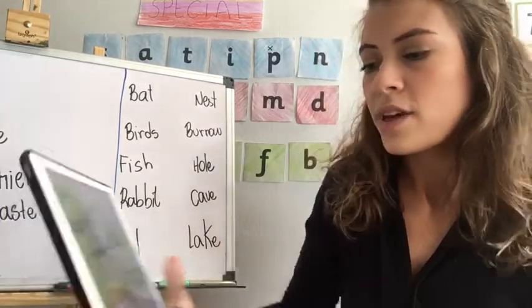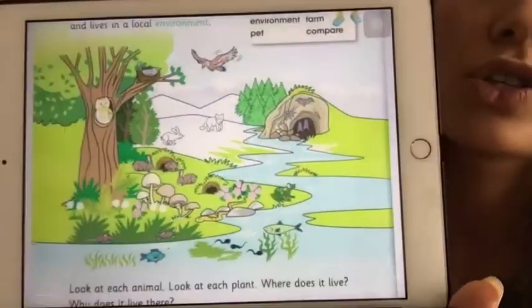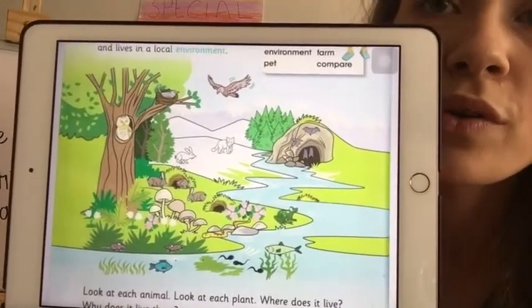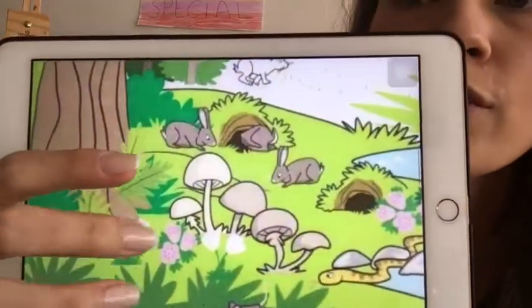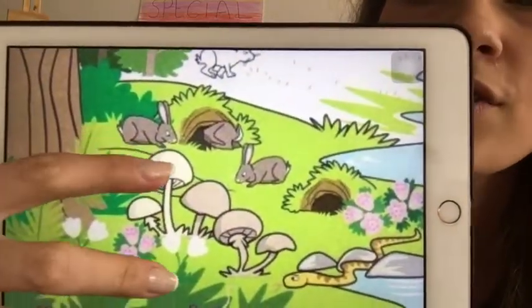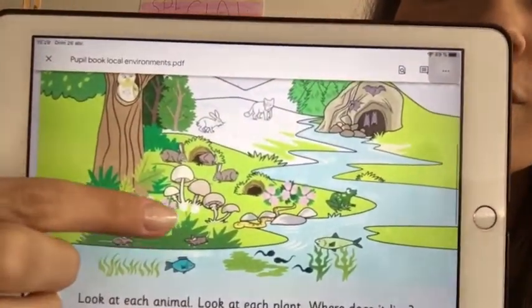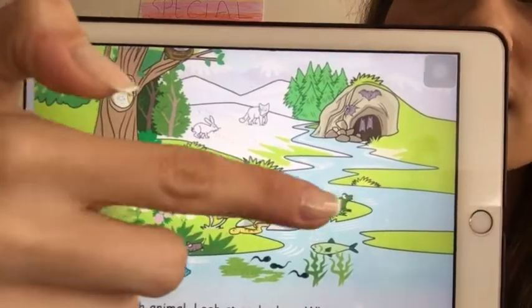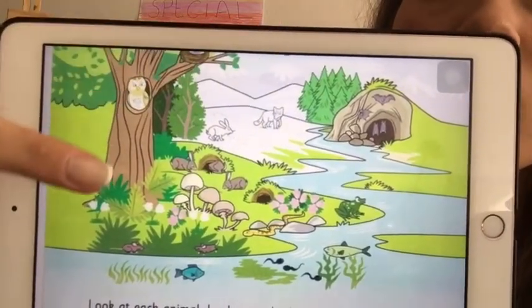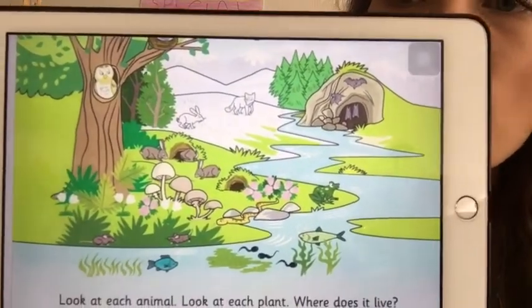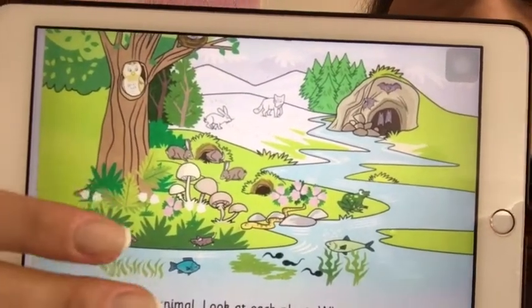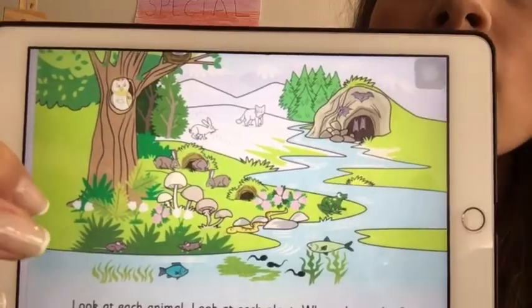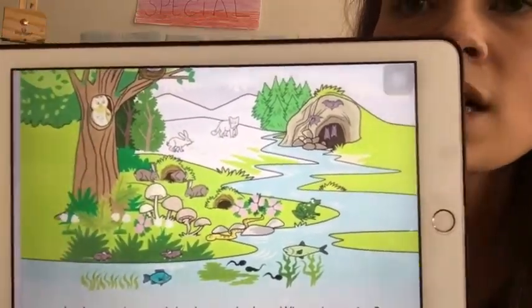So I have here, as you can see in this page, and you have this page as well, a local environment, which means that not only rabbits live here. In this local environment you can find a lot of animals living together. Of course, every animal lives in their own home, but they share this environment.